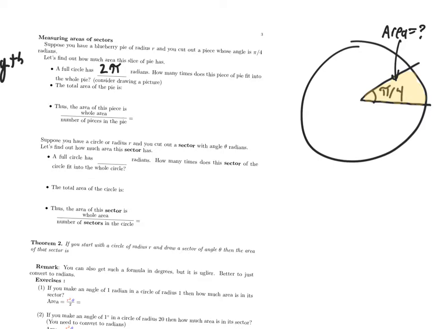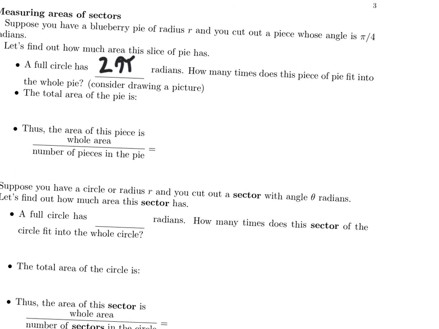So let's determine how many times this angle goes into the full circle, because that will tell us how much of the full circle this takes up. Well, that's an easy bit of division to do. I need to know how many times pi over 4 goes into 2 pi. So that's 2 pi divided by pi over 4.